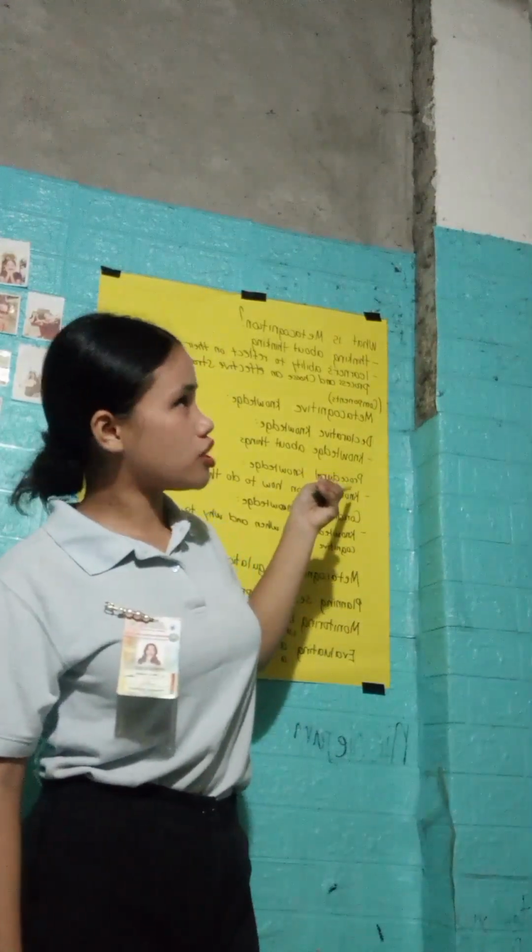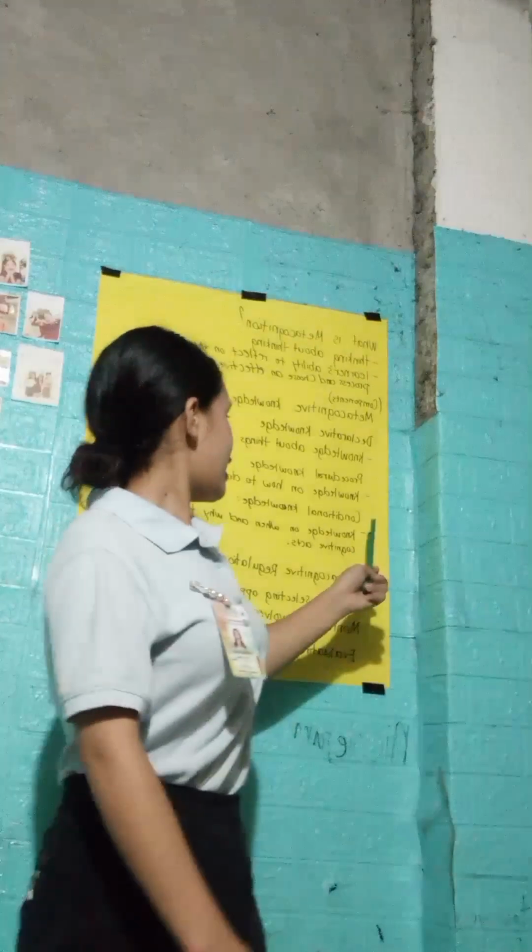Procedural knowledge means how to apply, how to put in 2 teaspoons of sugar, and the step by step process on how to cook.